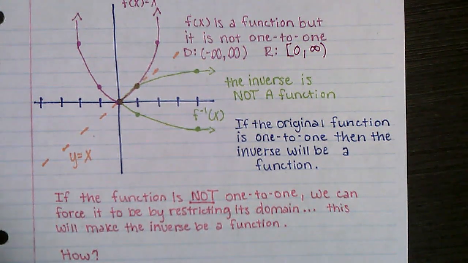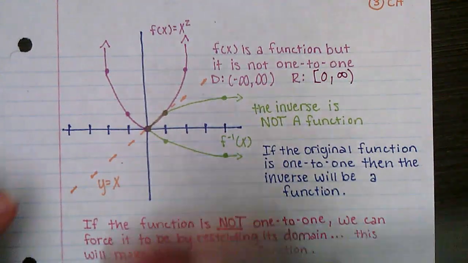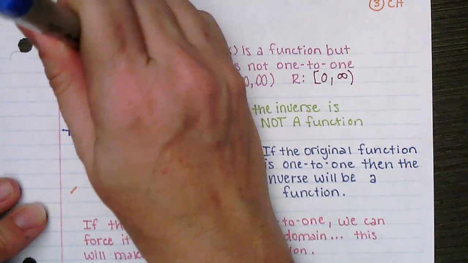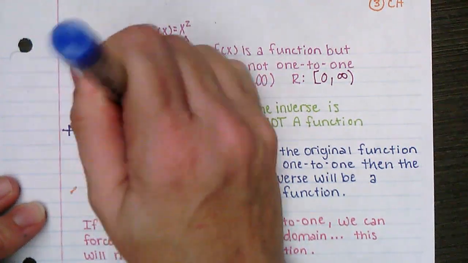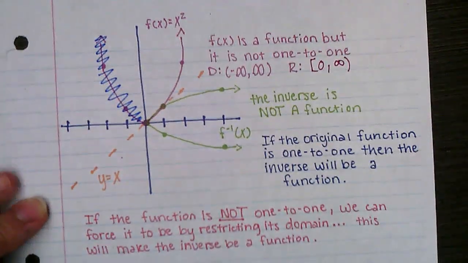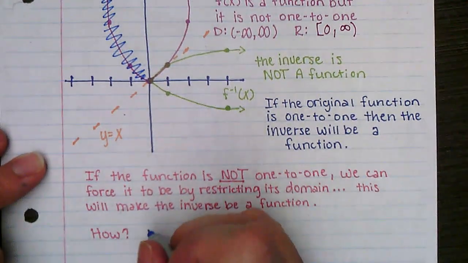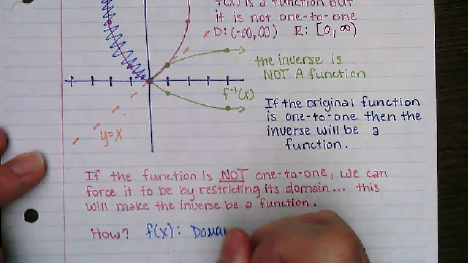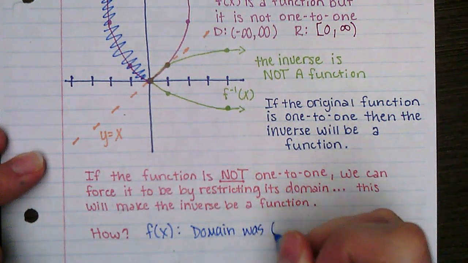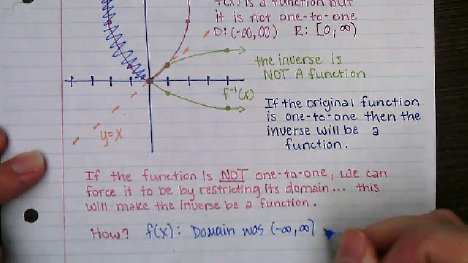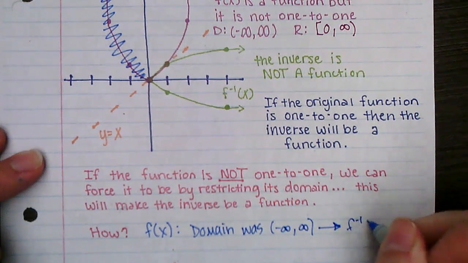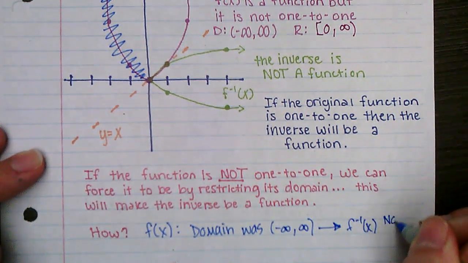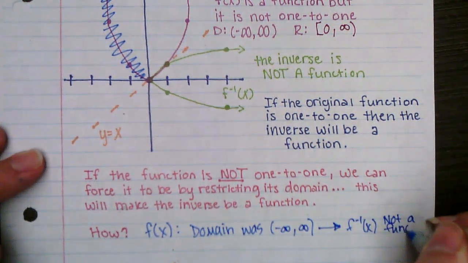So let's look at kind of getting rid of part of that original function. What I'm going to do is I'm just going to squiggle out this part of the graph. And so I'm going to take my function, my f of x. The domain was negative infinity to infinity, but that means that f inverse is not a function.